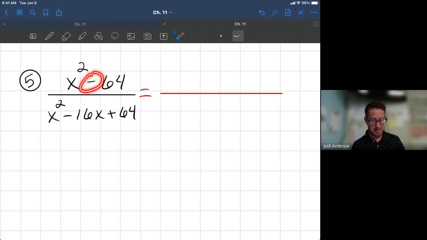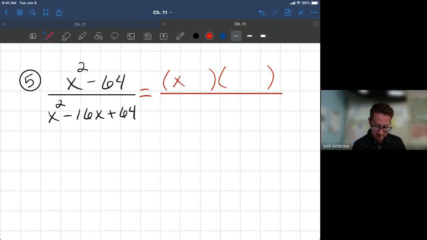And the minus sign is there. All 3 parameters exist. So this is a perfect square binomial that will break down into this just right here. X plus 8, x minus 8. Guys, this goes back to chapter 9. This is where you learned it. It's all still here coming back.